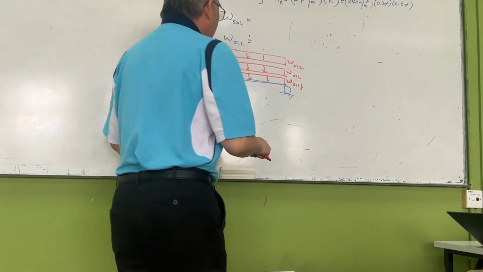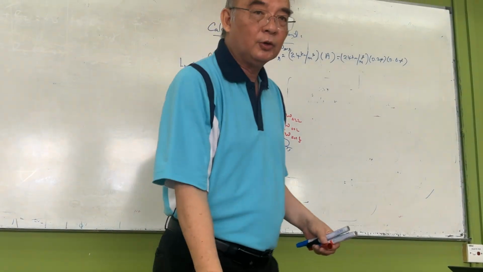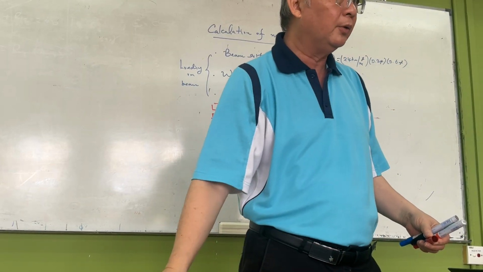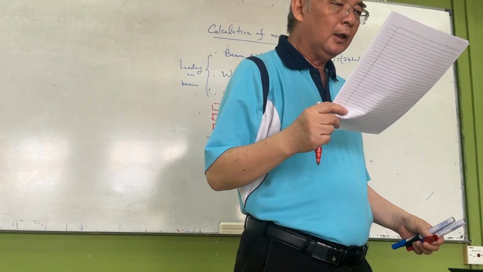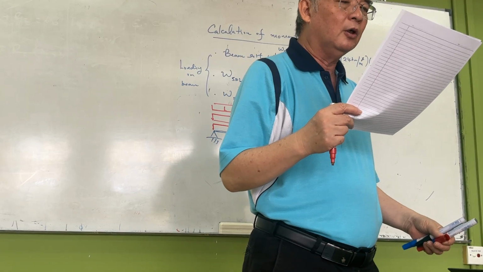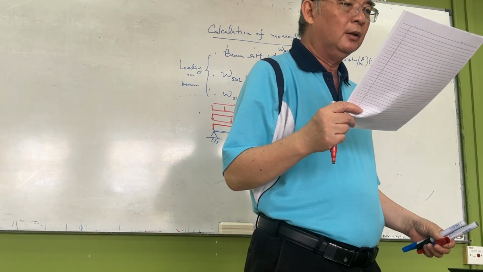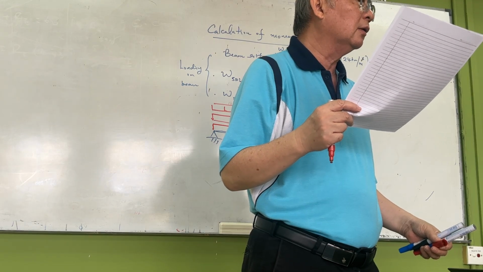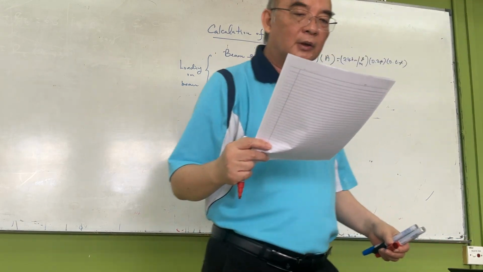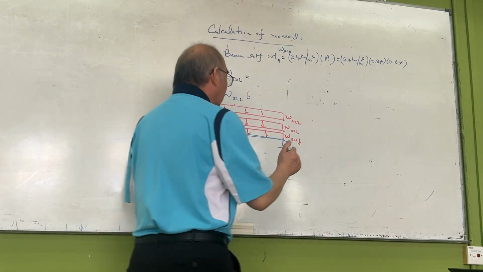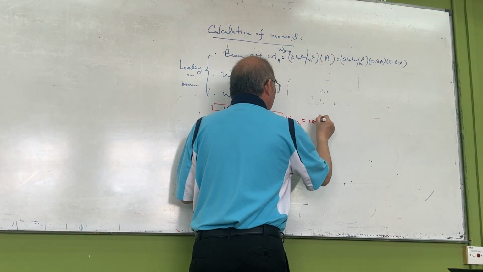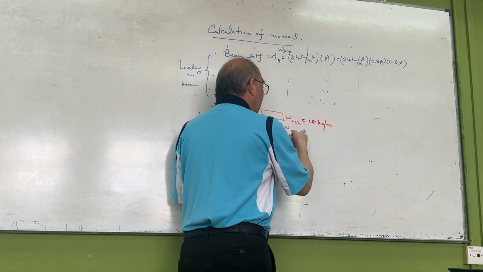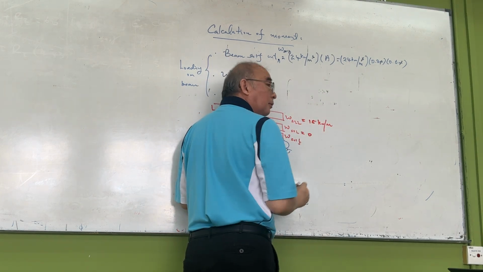In this question, I don't know whether you have your paper with you. I say the beam carries live load of 15 kilonewton per meter. If you look at the second paragraph, the beam carries live load WL of 15 kilonewton per meter. That means this is equal to 15 kilonewton per meter. Because I didn't give you the dead load, that means 0.